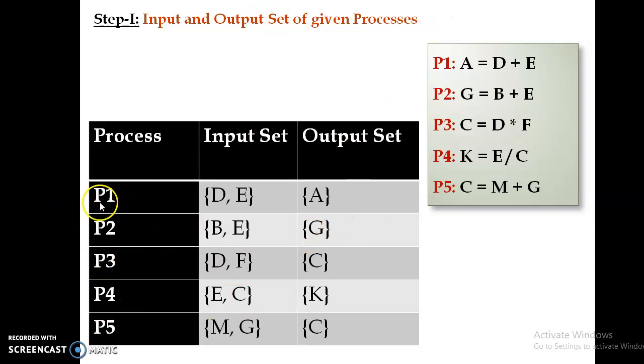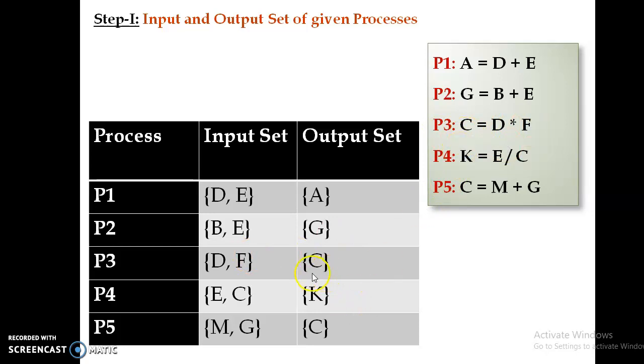For process P1, D and E are inputs, they go to the input set. A is output, it goes to the output set. For process P2, B and E are inputs, they go to the input set. G is output, it goes to the output set. For process P3, D and F are the input set.